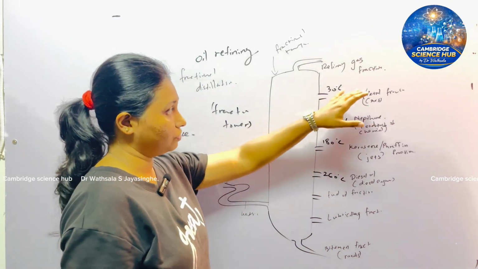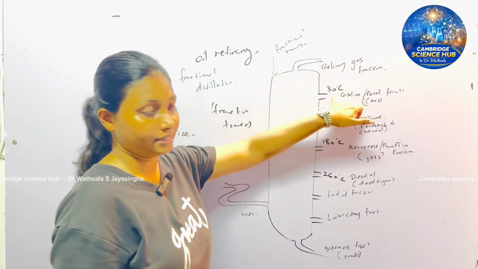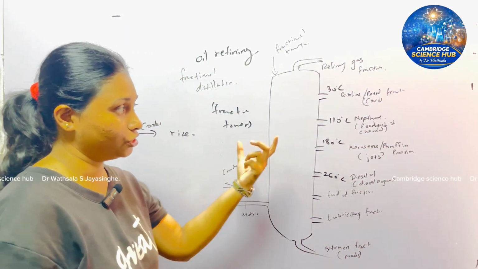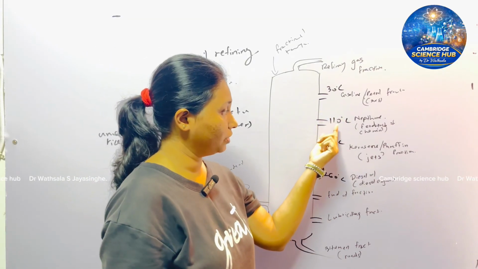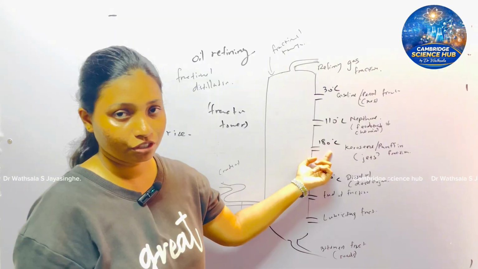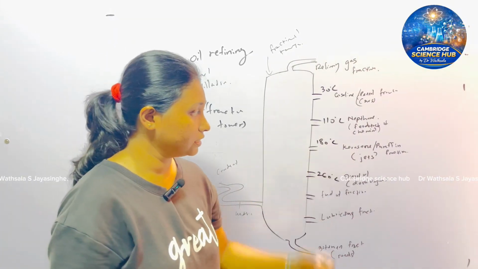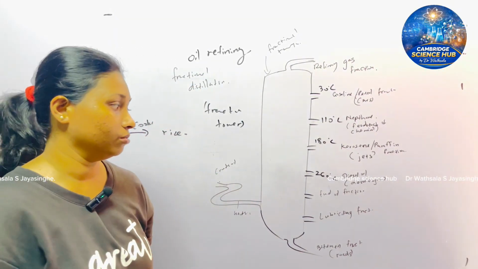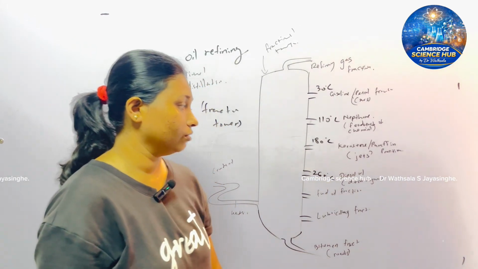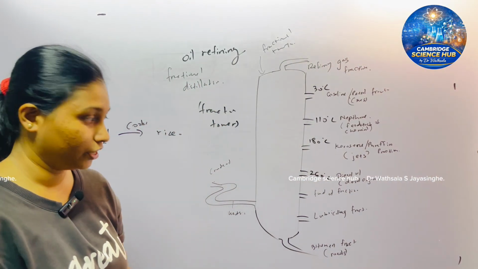First of all, at 30 degrees Celsius gasoline, the petrol used for cars, is produced. At 110 degrees, methane is produced, and at 180 degrees, kerosene is produced, which is used for jets and so on. At 260 degrees, diesel oil is produced.